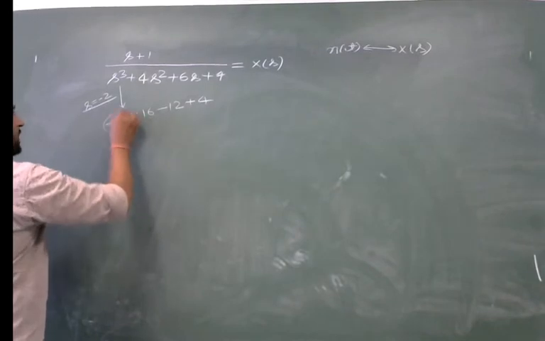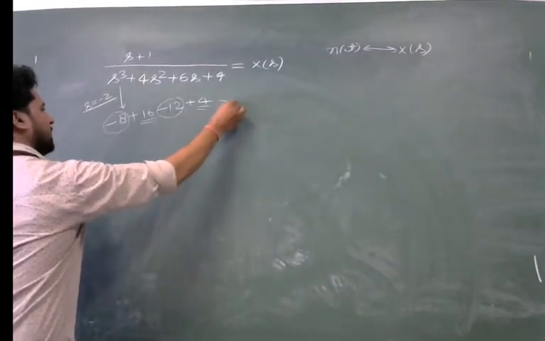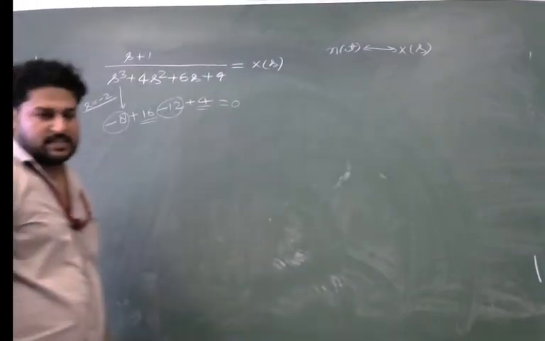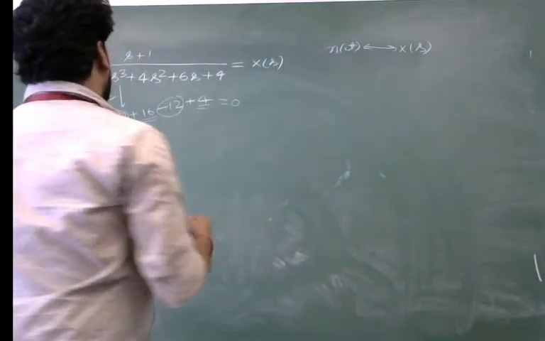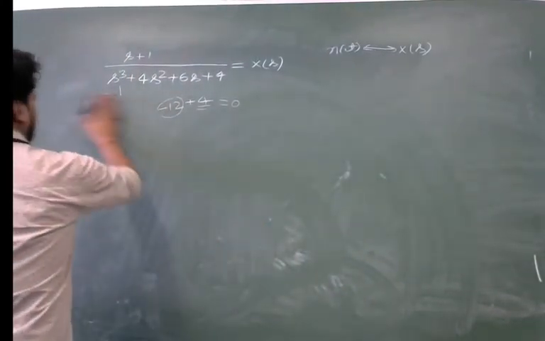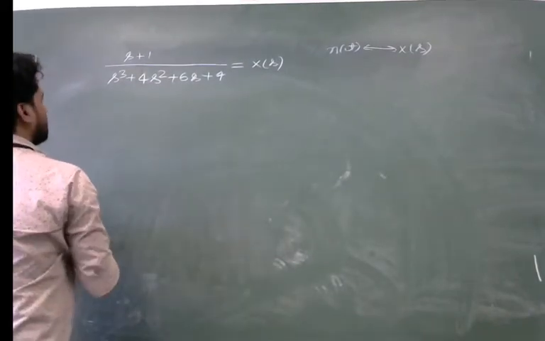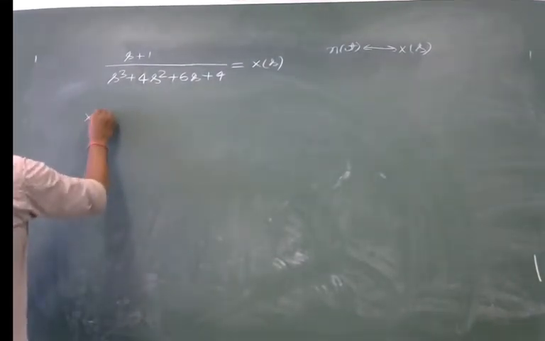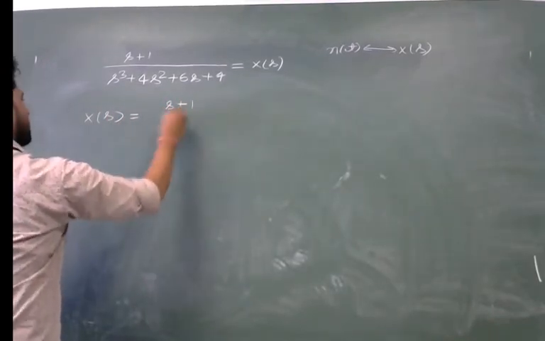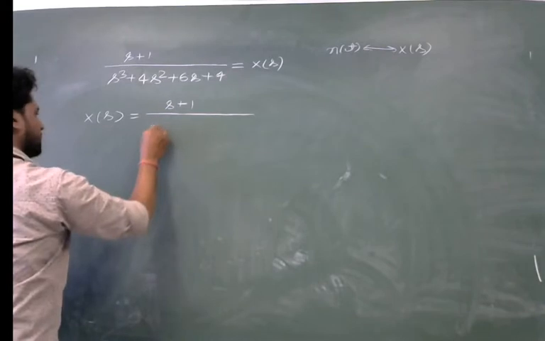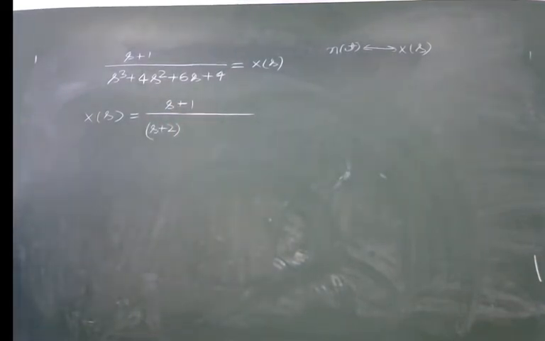So this minus 20 and plus 20 will cancel each other, and this will become 0. It means that s plus 2 will be a factor of this polynomial. If s plus 2 is a factor, then this can be written as X of s equal to s plus 1 upon s plus 2 times the other factor of this polynomial.